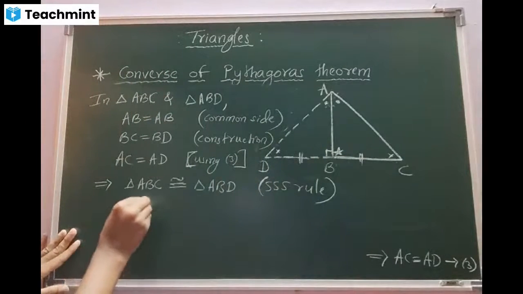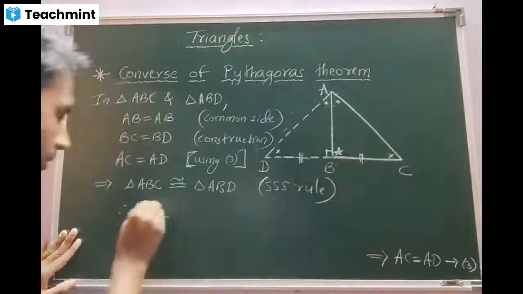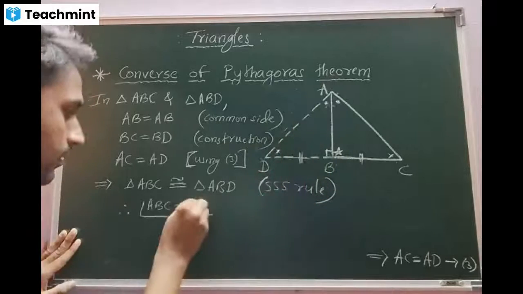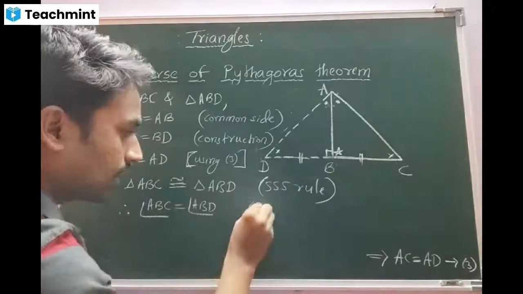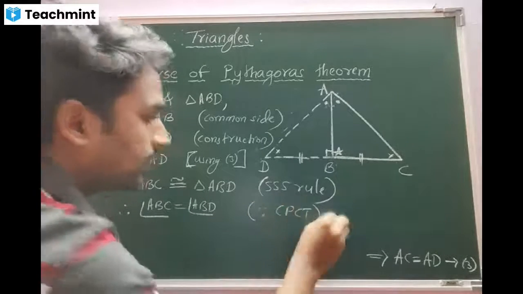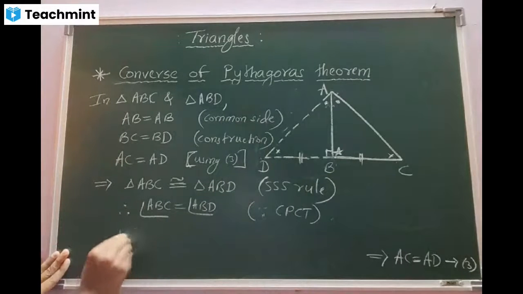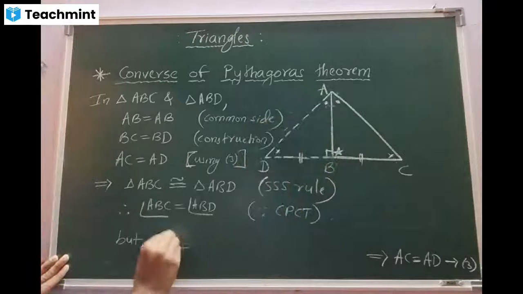Our information is this, so I will target only this one. Angle ABC is same as angle ABD. What is the reason to be quoted? CPCT. Now, look at that. But ABD is already 90 degrees.